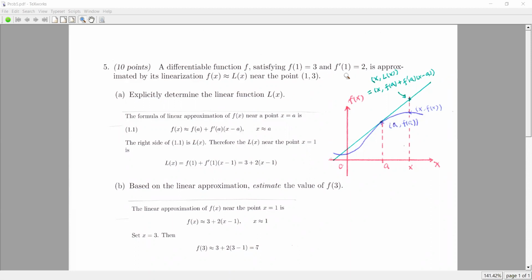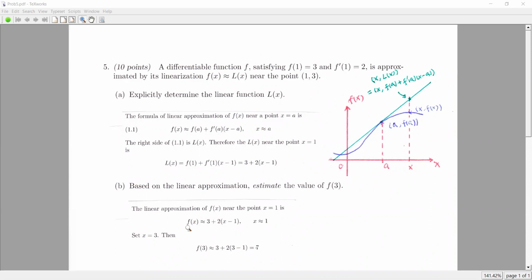From the given, f of 1 is 3. Derivative of f at 1 is 2. Then function L is this function. Part B. Based on the linear approximation, estimate the value of f of 3. The linear approximation near the point 1 is this.